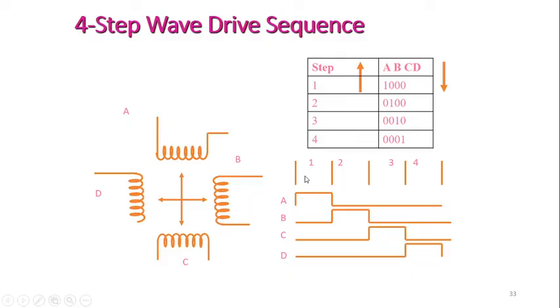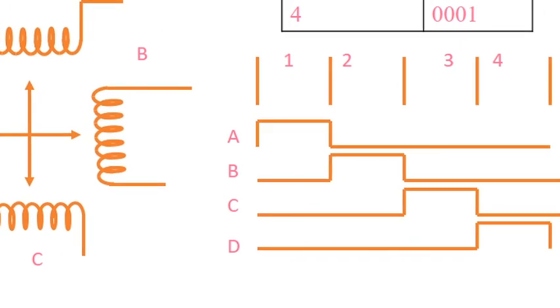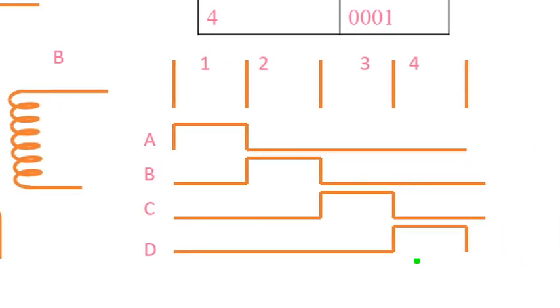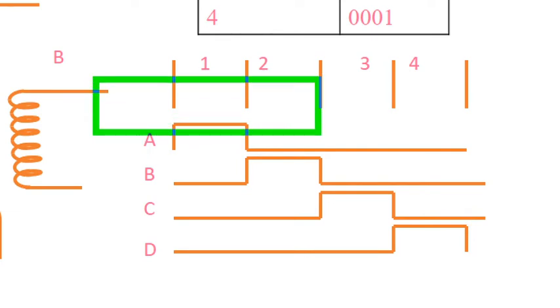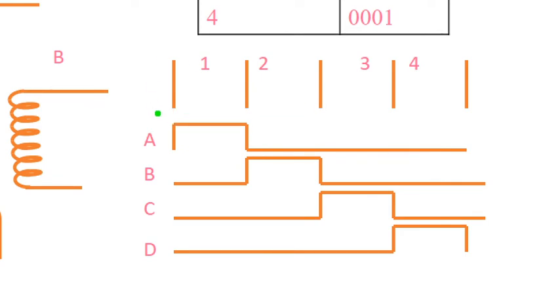Yeah. So during the first pulse, A only is having the active high, remaining are active low. During the second pulse, B only is having the active high, and the others are active low. So if you see this one, this is the active high pulse.